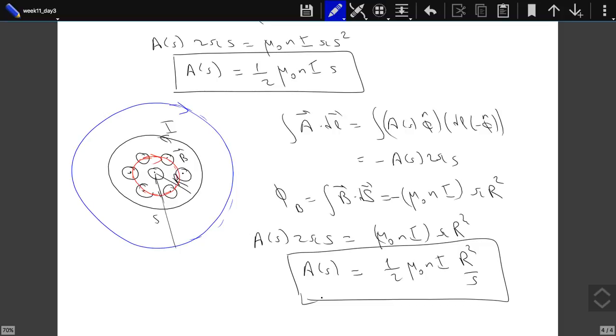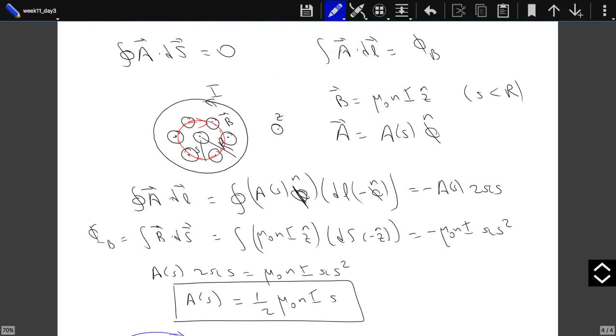As long as you can calculate the flux, and as long as you have sufficient symmetry in your problem so that you can say that A has such a simple form, then you can use this.